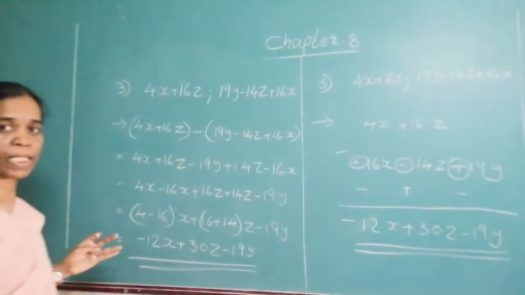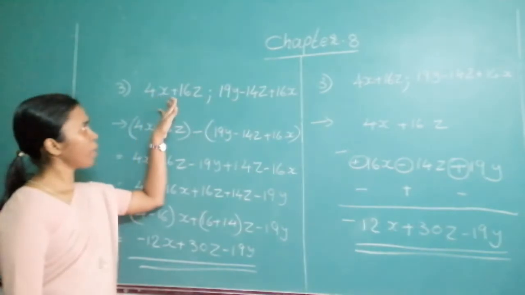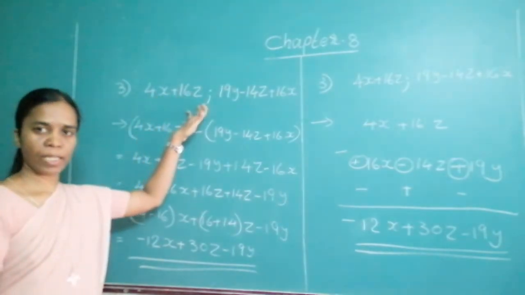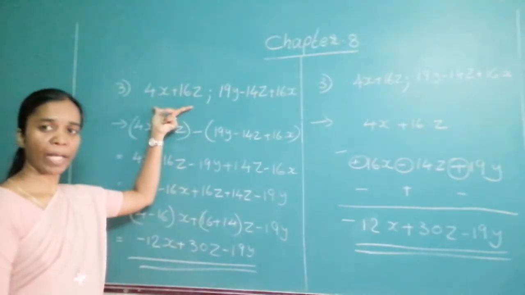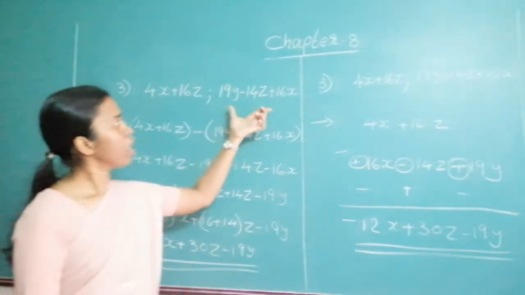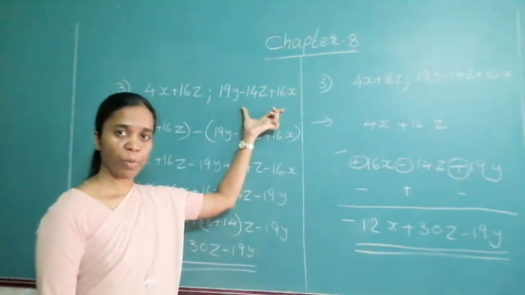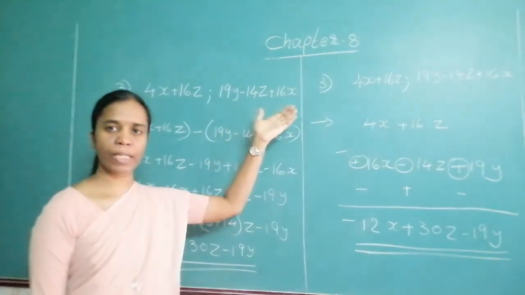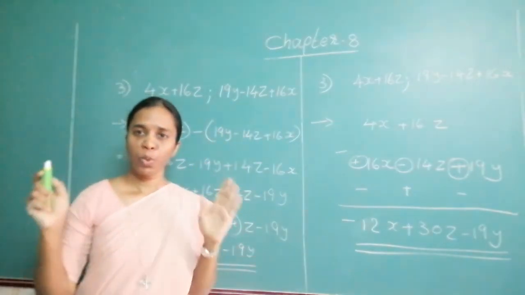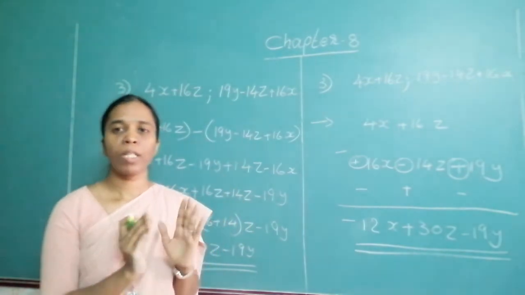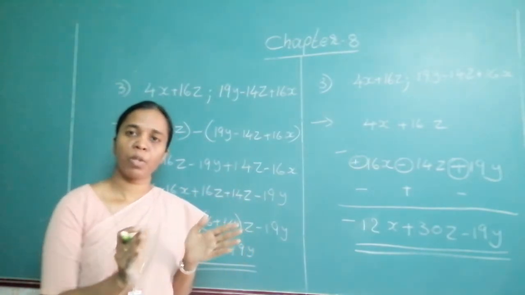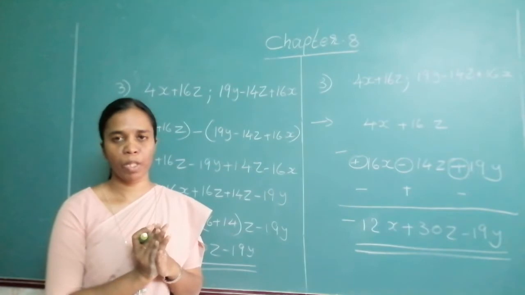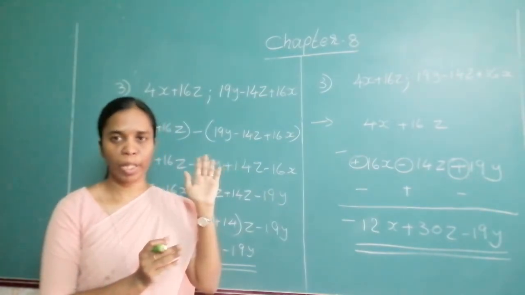Let us look at the next example. 4x plus 16 is there. You can see this is a binomial and this is a trinomial, that is 19y minus 14z plus 16x. You don't worry about whether it is a binomial subtracted from trinomial or trinomial subtracted from binomial. Only keep one thing in mind.